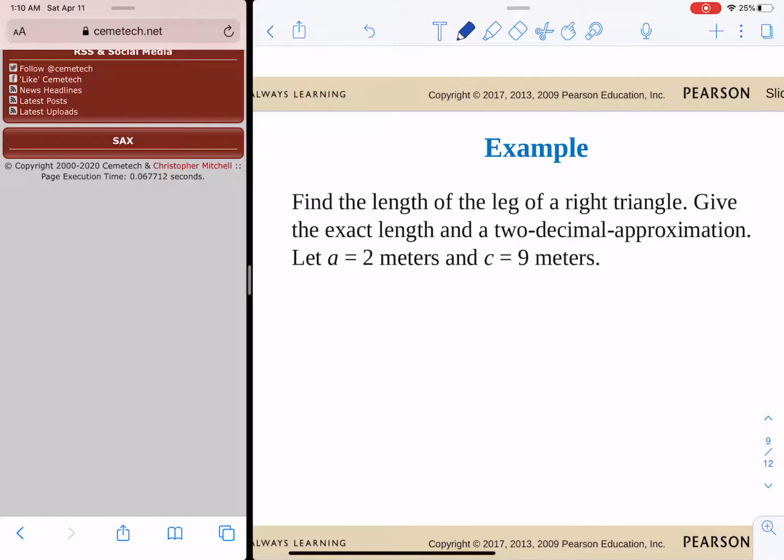So here is another example where we have a right-angled triangle, and C is given here. In other words, the hypotenuse is given.